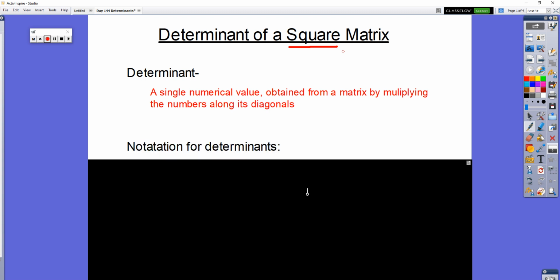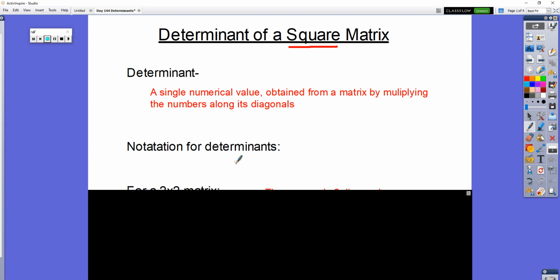The next thing we need to talk about is the notation for a determinant. What are you going to see that lets you know they expect you to take a determinant? There are actually two different notations for this. Let's say you have a matrix A. One notation that you might see is what looks like absolute value signs around the name of a matrix, which would be a capital letter of some kind.